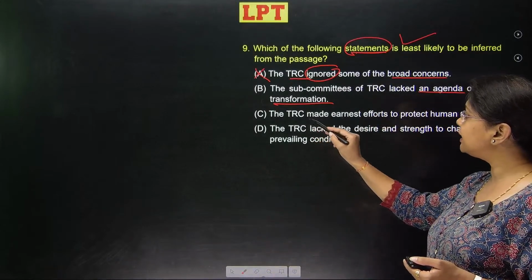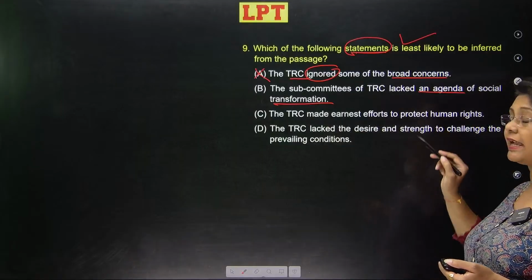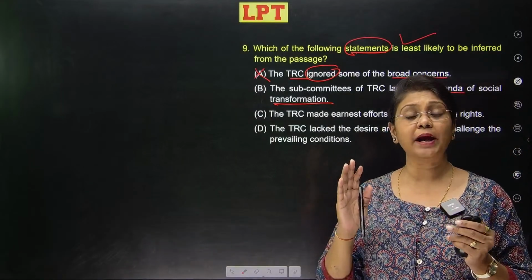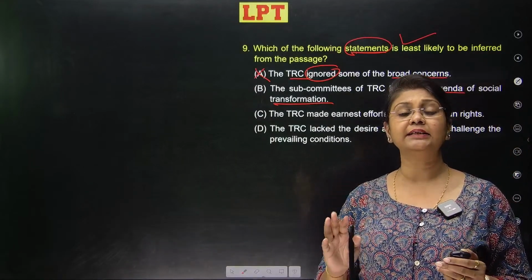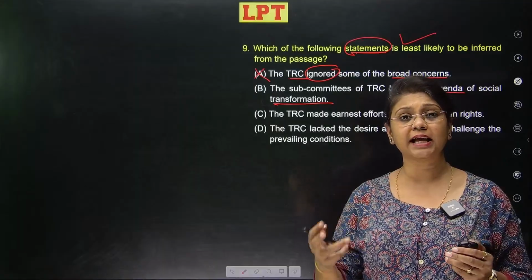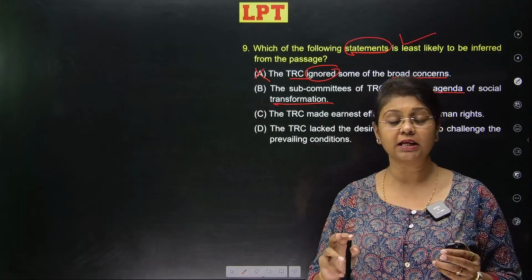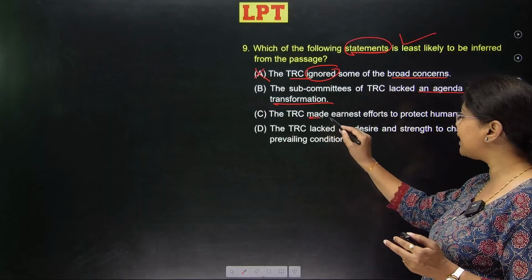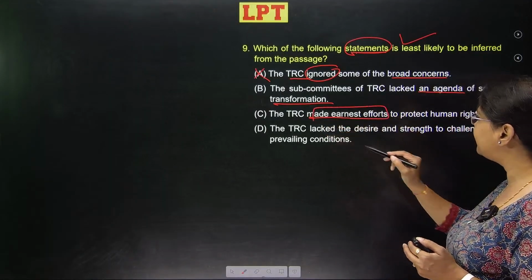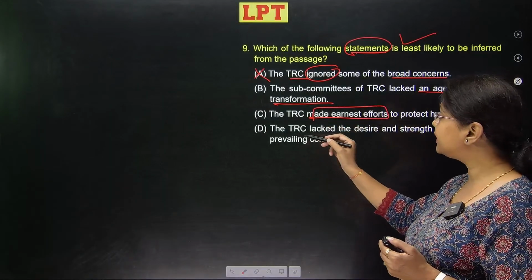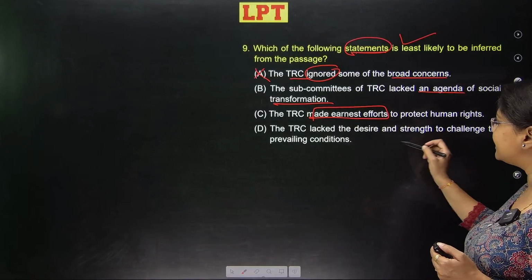Then C says that TRC made earnest efforts to protect human rights. If you have read the passage clearly, you would understand that the TRC is actually criticized because it has violated these human rights grossly. So this is the least likely thing, because made earnest efforts to protect the human rights. And D says the TRC lacked the desire and strength to challenge the prevailing conditions.